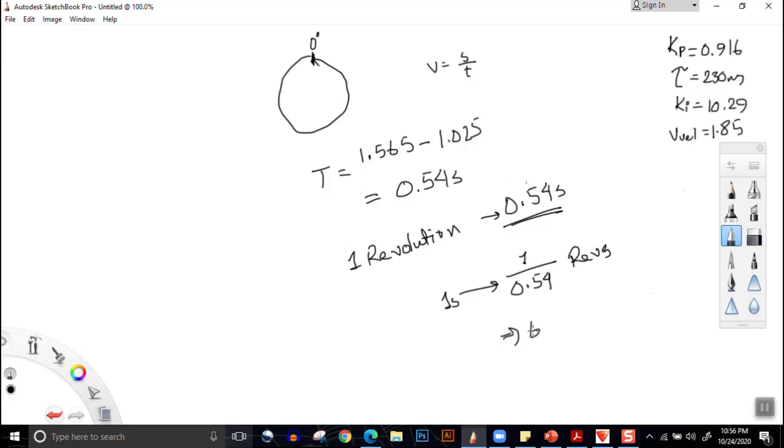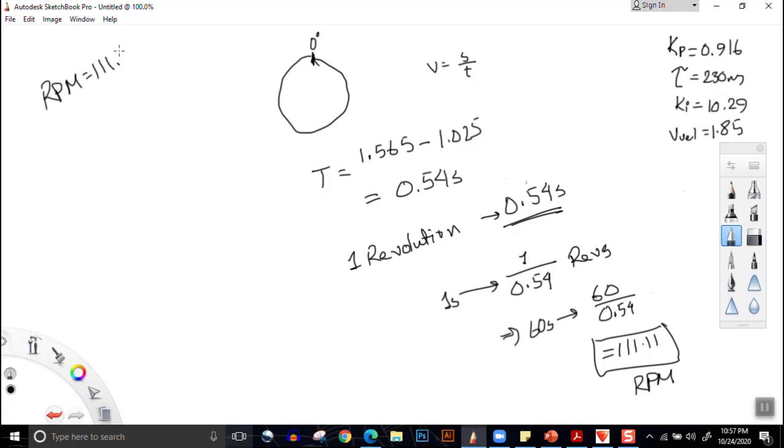So in 60 seconds, or 1 minute, it revolves 60 divided by 0.54 times. So 60 divided by 0.54 is equal to 111.11. This is our revolutions per minute. So our RPM is equal to 111.11.